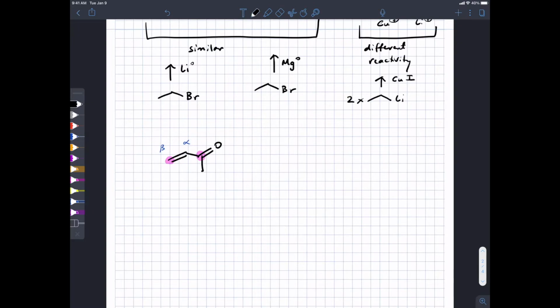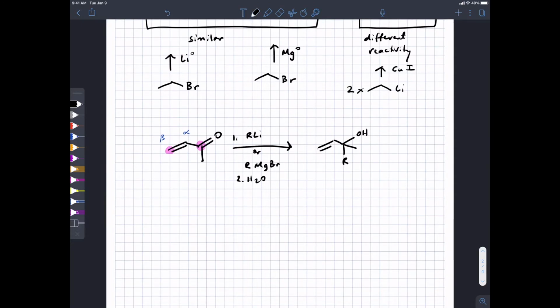And we're going to see that if you use an organolithium or a Grignard reagent, the reaction adds the nucleophile at the carbonyl carbon so that, after aqueous workup, you end up with the alcohol where you added your nucleophile here.